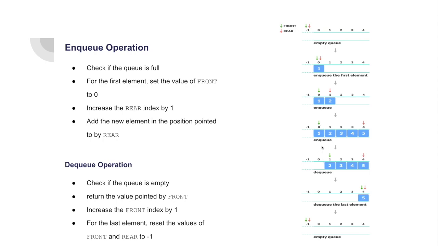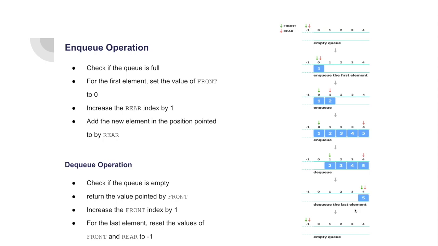Now let's suppose I wanted to remove one element. So it is following first in, first out. So what has come first? The 1. So we have removed 1 and we have changed the place of the front variable. So front is at 1, and as we remove all the elements 1, 2, 3, 4, both front and rear are at position 4, meaning now they are going to remove the element which is at the fourth index.